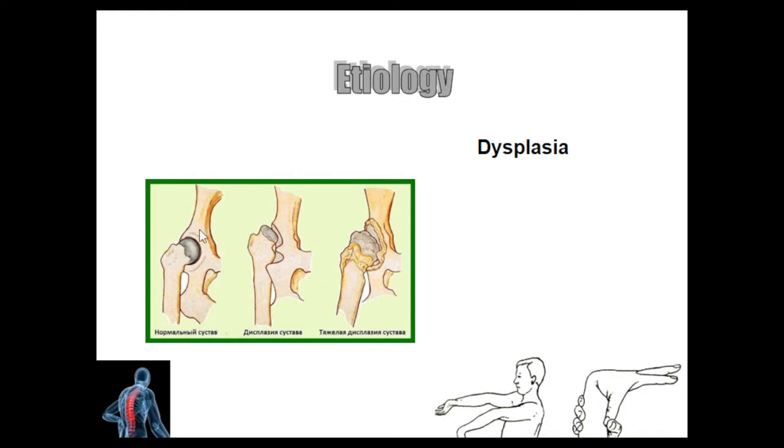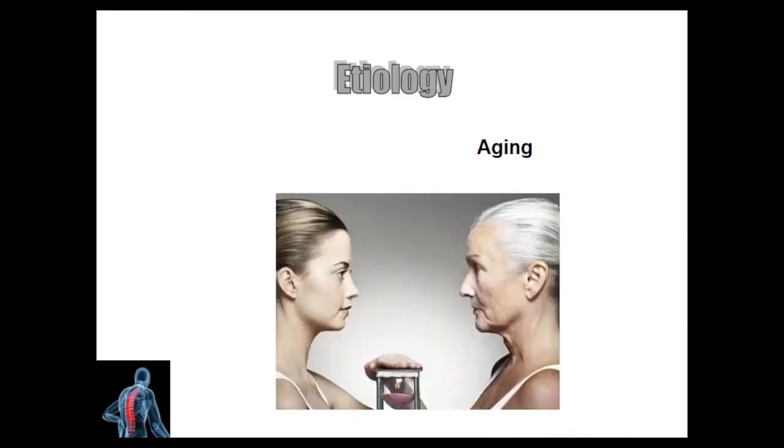Here you can see an example with hip joint dysplasia, when the acetabulum becomes shallow, and as a result the head of the femur becomes dislocated. It can be some kind of hypermobility of the joint, or some kind of abnormal muscle stretching, and different other types.